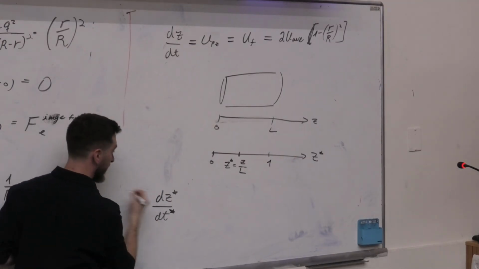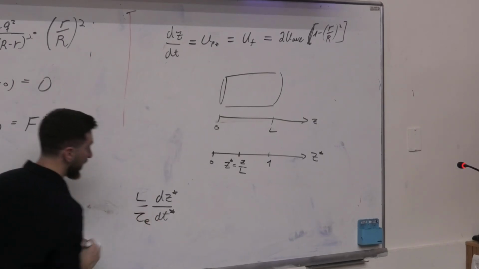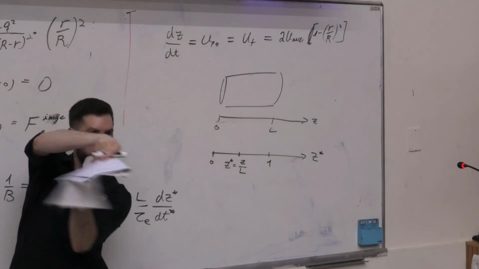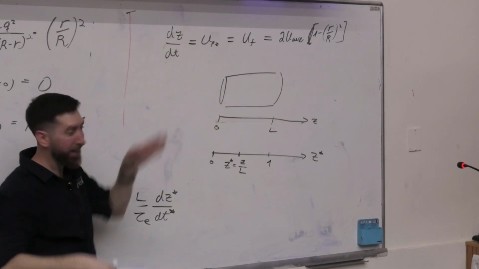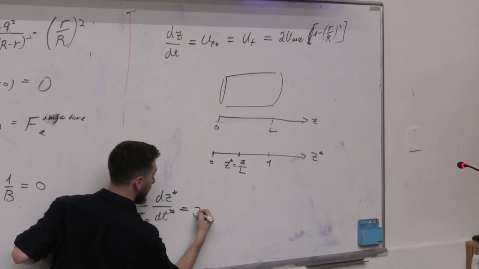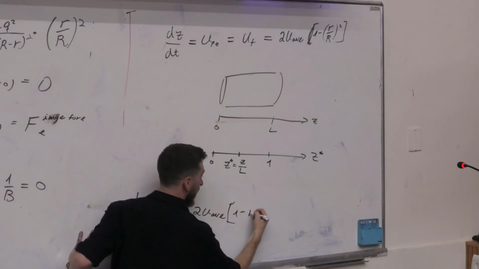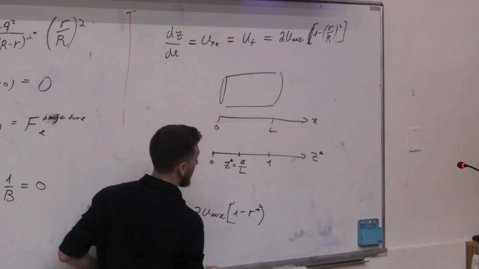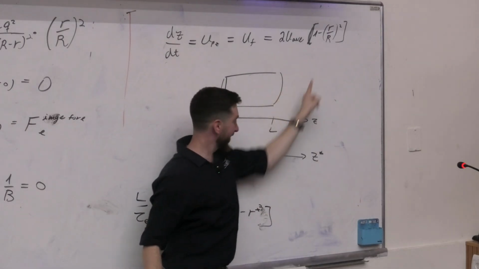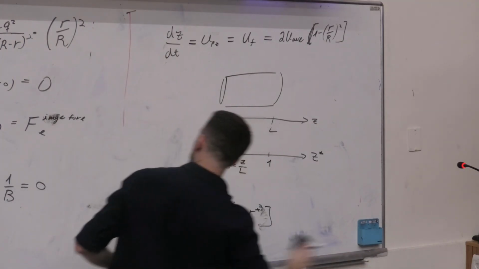dz behaves like L, and dt, if we substitute it, is tau e. We want to compare the characteristic time to get trapped inside the cylinder or get out of the cylinder. And here you're going to notice that we have 2 UF times (1 minus R star) squared. This is already normalized. If I reorganize this, I get a very interesting thing.